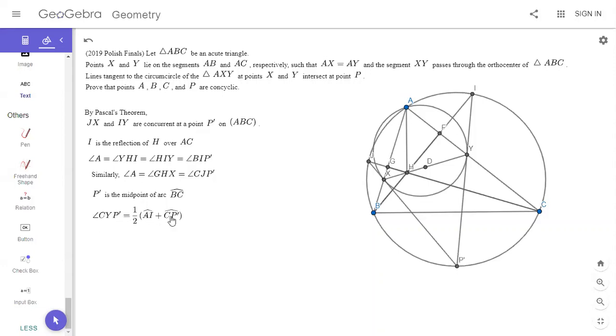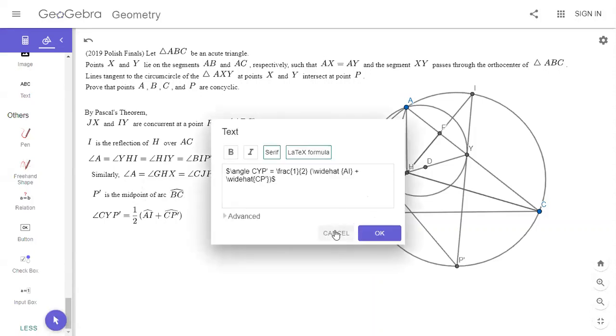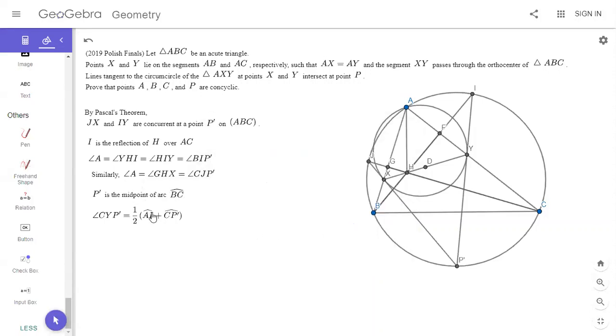So are you using this fact right here that it's half the sum of the arcs, or is there some other? This fact isn't needed. We know angle AYX is equal to angle AYI. Okay, and yes, this should finish it, because then angle XYP prime is equal to XAY.